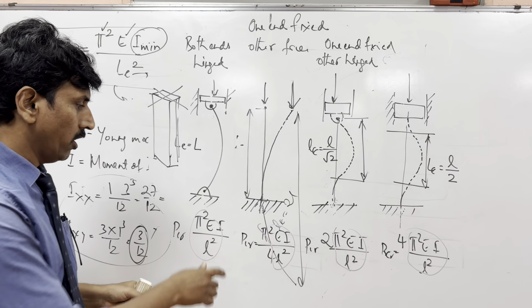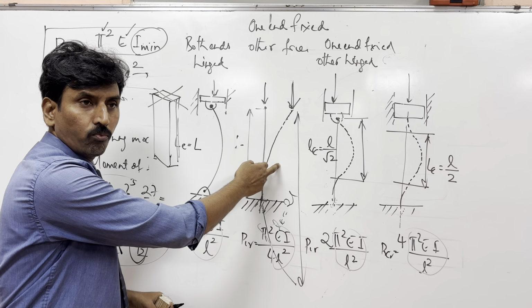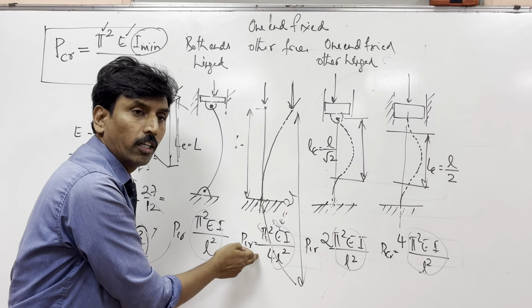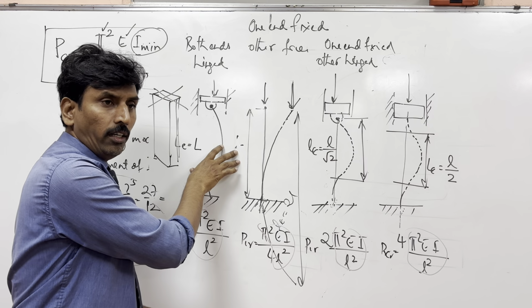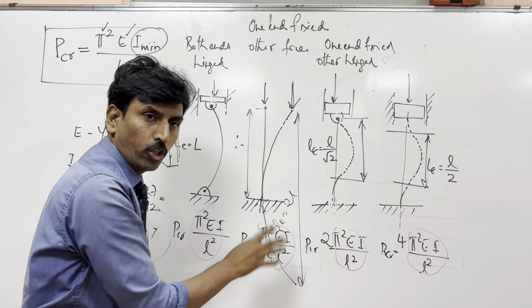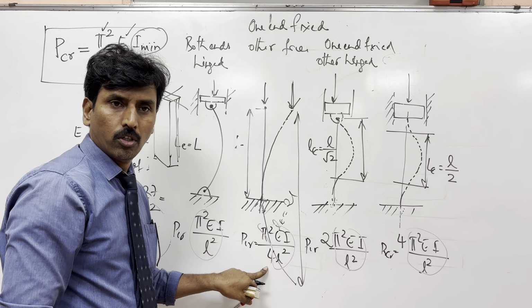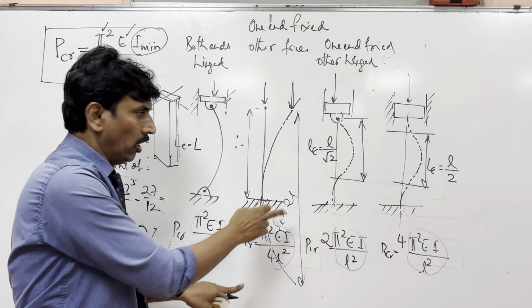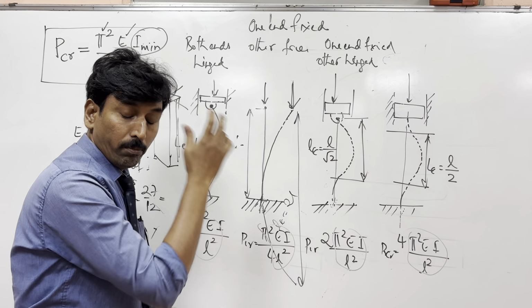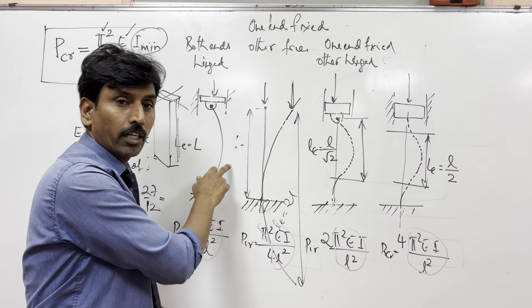So you can say that this column is 4 times weaker. That means if this can take 100 kilonewton, this can only take 25 kilonewton, because it is 1 by 4. Sorry, not beam, this column is 4 times weaker than this.